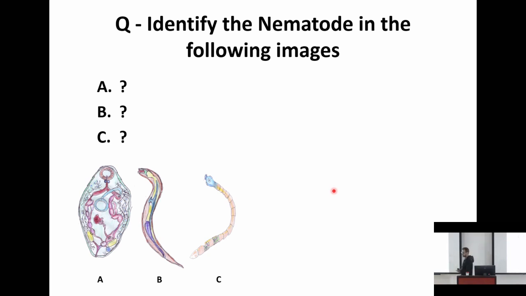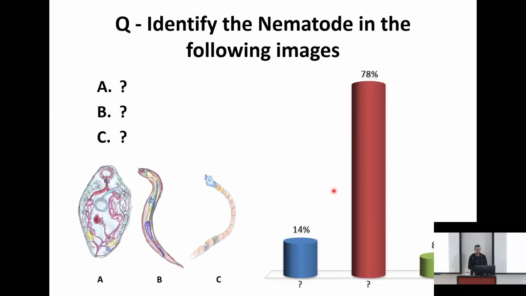Identify the nematode in the following images. Okay, so B. On the left, these are the flukes, these are the tapeworms, and B, these are roundworms.